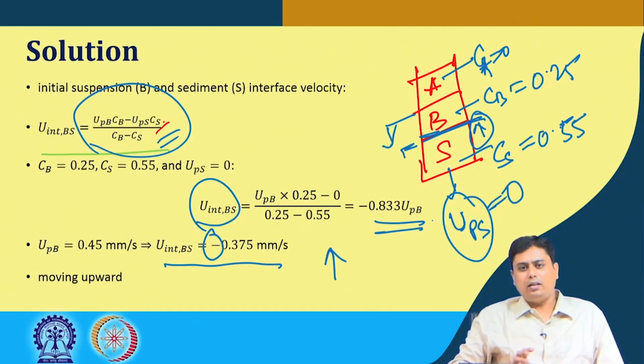Now, n is a parameter that depends on the settling region. If it is the Stokes law region, you have a certain value of n. If it is the Newton law region, you have the other value of n, and if it's in between, you have that Richardson-Zaki expression to find out the value of n.